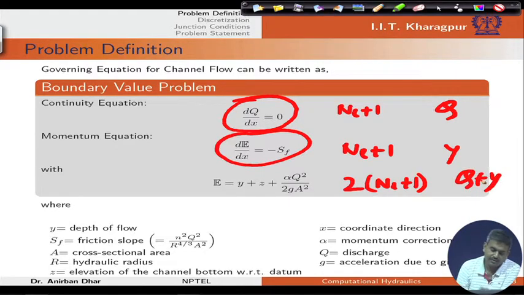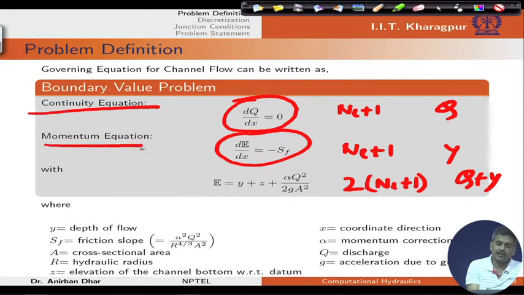That means we need equations, which will be coming as discretized equations from this continuity and momentum, but these equations are applicable for segments.